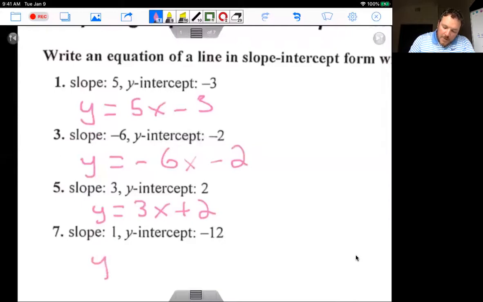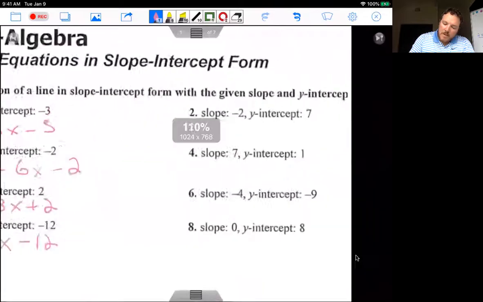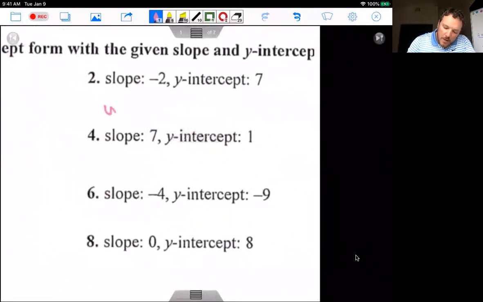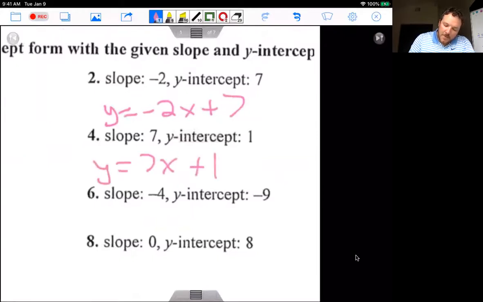So here you don't have to write the 1, it's understood. So y equals x minus 12. Here over here, 2, we got y equals negative 2x plus 7. We have y equals 7x plus 1. And we have y equals negative 4x minus 9.